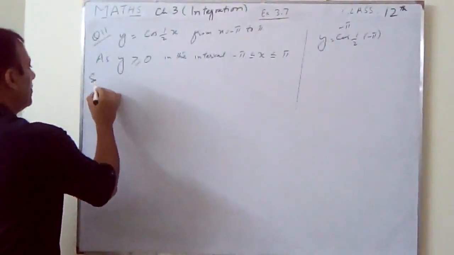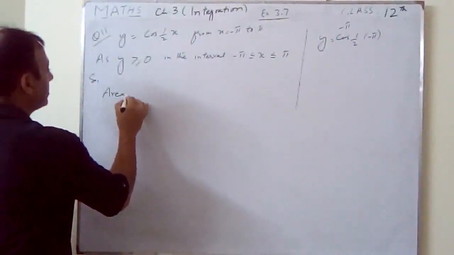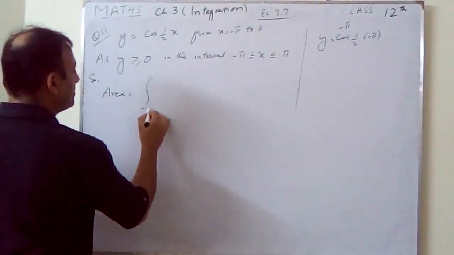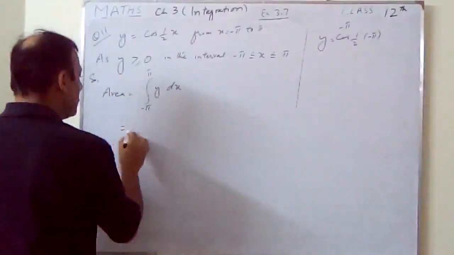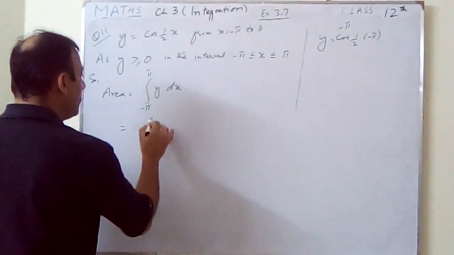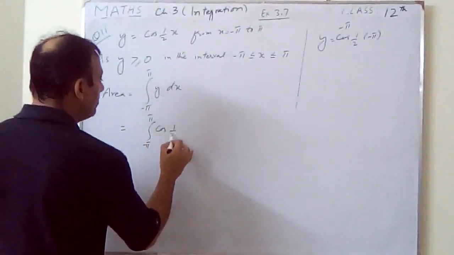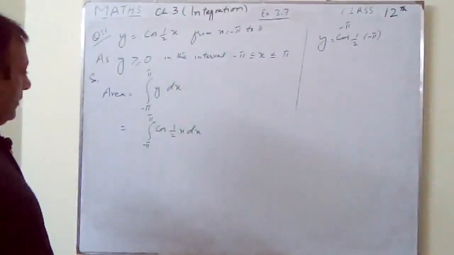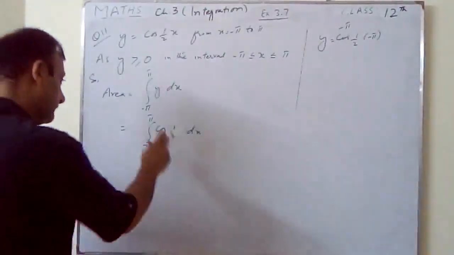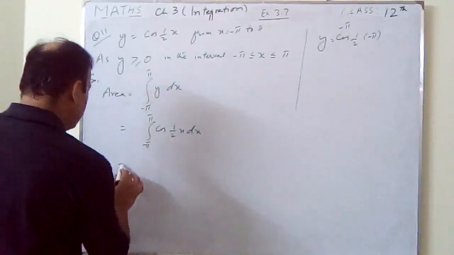So area is equal to the integral from minus pi to pi of y dx, or from minus pi to pi cos 1 by 2 x dx. What is the integral of this one?